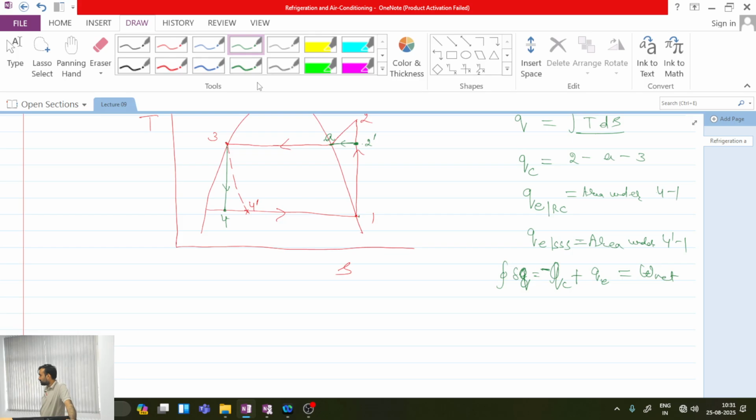Are all clear with this point? And if you have to calculate the area for the other cycle, then starting from 2A3, there will be 2 additions. What are the 2 additions?